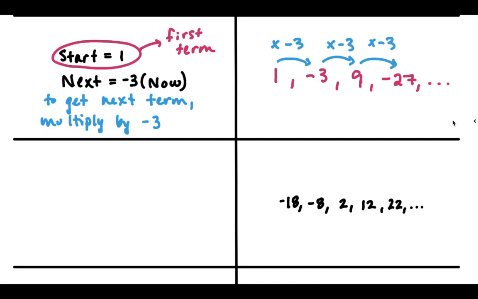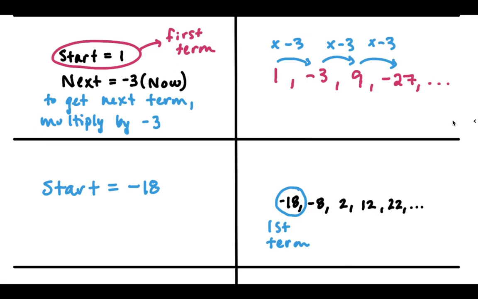Okay, so we know that we're always going to start with our first term, right? So my formulas always start by saying what the start is equal to. The start, or the first term, equals -18.